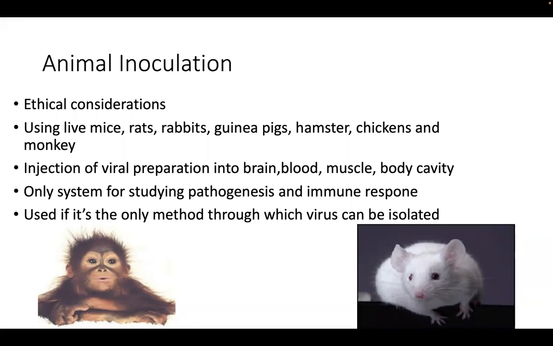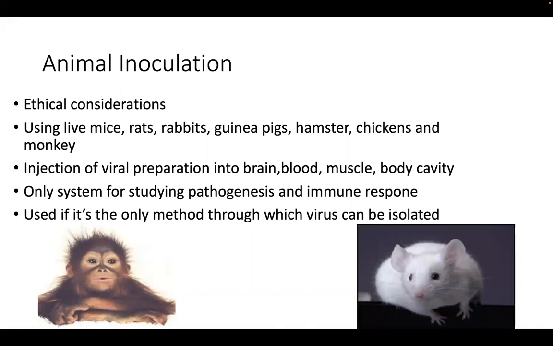Some of the animals that are used are live mice, rats, rabbits, guinea pigs, hamsters, chickens, and monkeys. The viral preparation is usually injected into their brain or blood or the muscle or body cavity, depending on the area of interest.